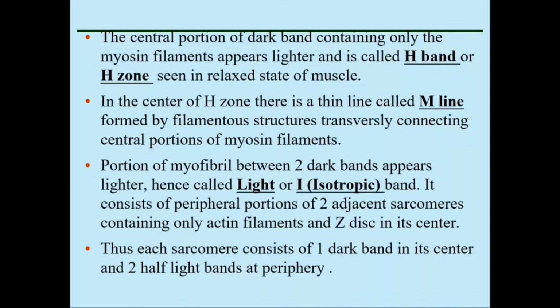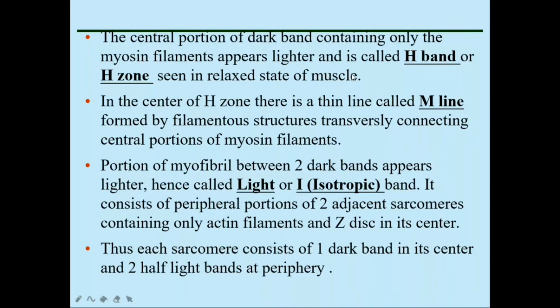In the center of the H zone, there is a thin line called as M line which I showed you just now, and this is formed by the filamentous structures transversely connecting the central portions of myosin filaments. So these filamentous structures help to maintain the position of the myosin filaments.